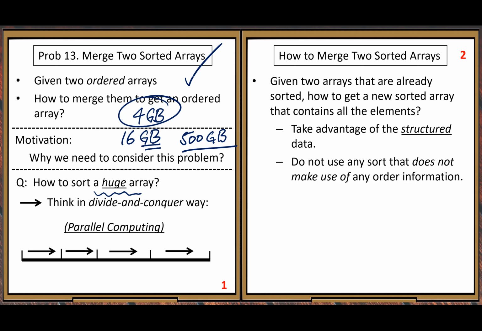No. Because no matter what the order is, ascending or descending, your selection sort uses the same number of comparisons. Best case, worst case, the same number of comparisons. That means you do not take advantage of the order information. The bubble sort also does not take advantage of the order information.